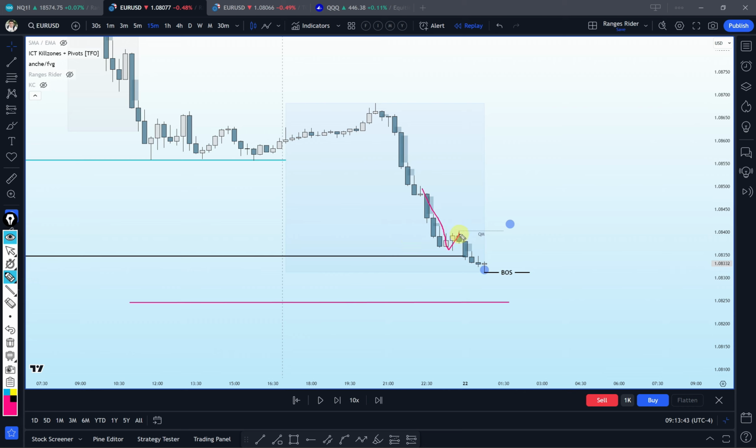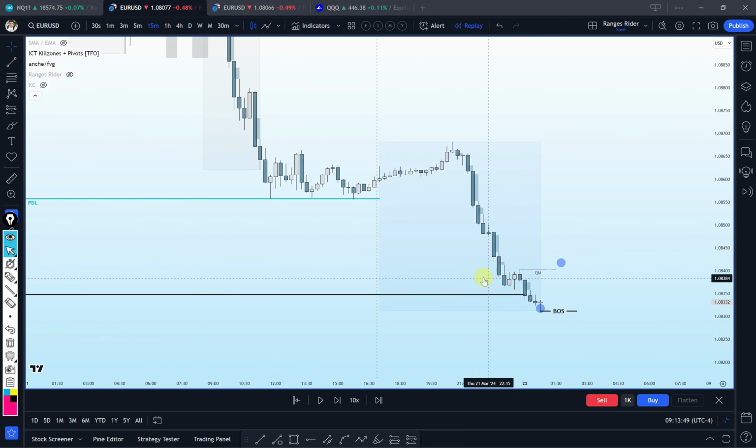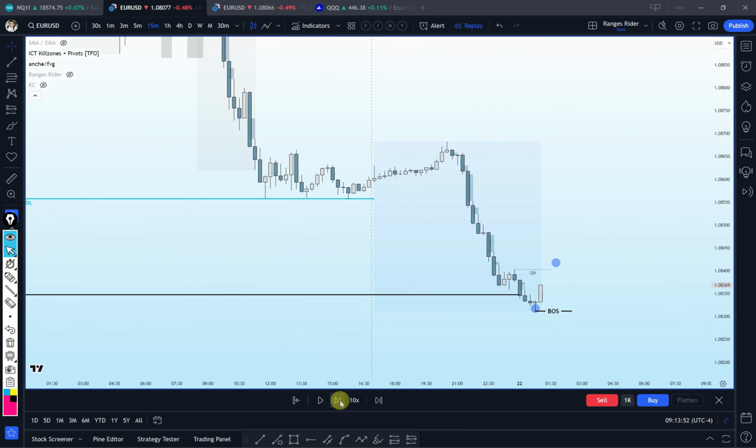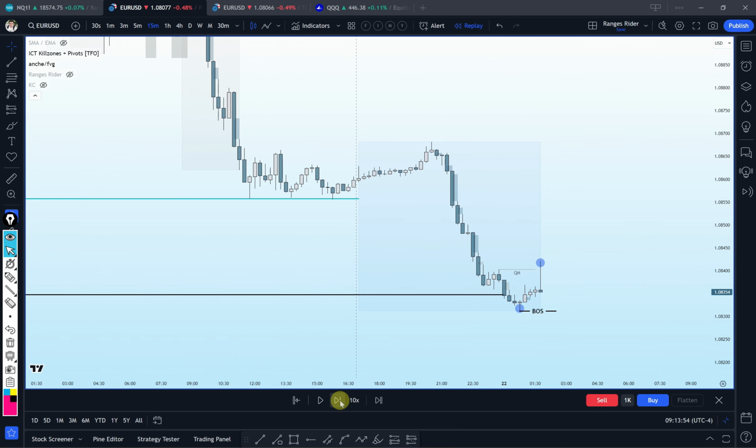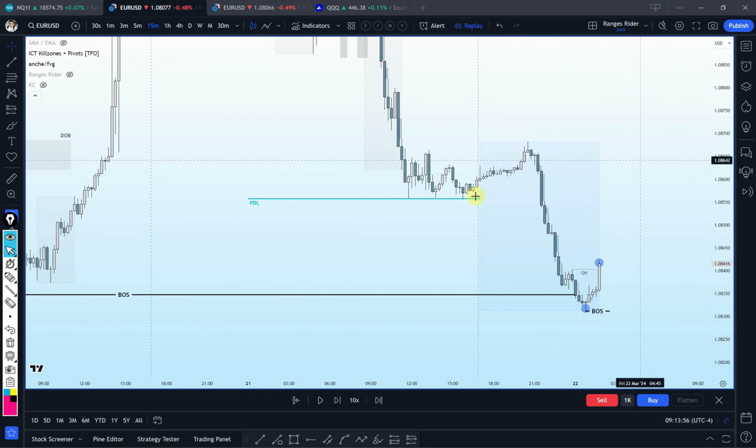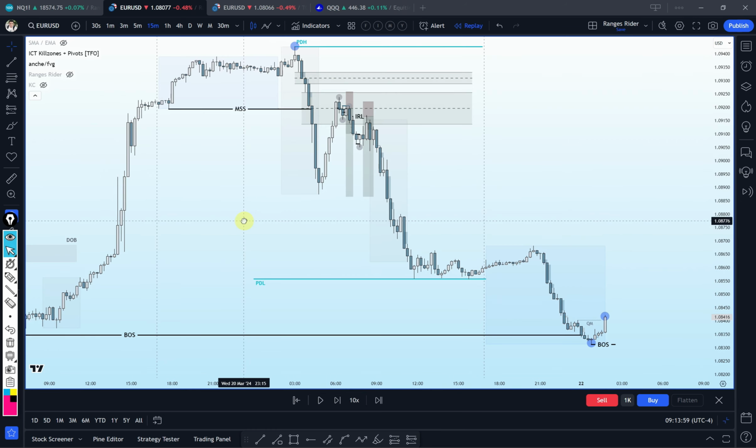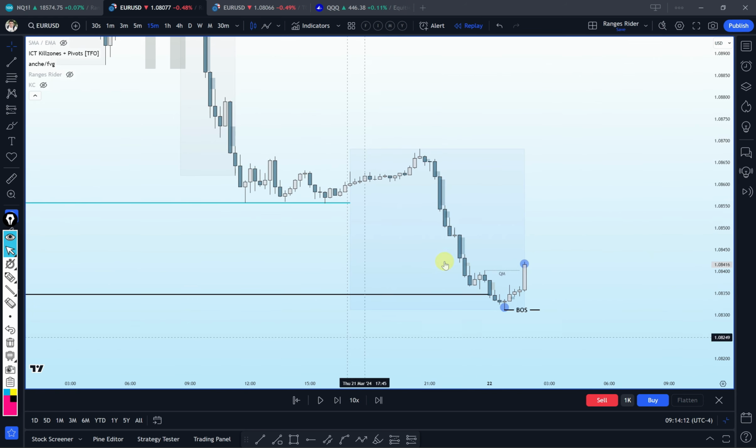And the QM will be here, right? In this case, we got the QM. Now we have the range from this blue one, from A to B. And now everything here maybe will be the internal range liquidity, until we disrespect the decisional order block.